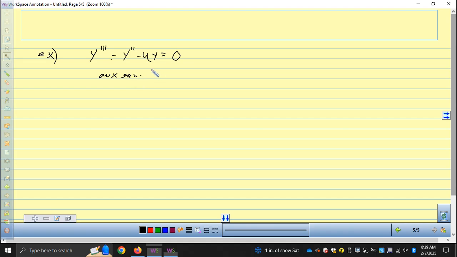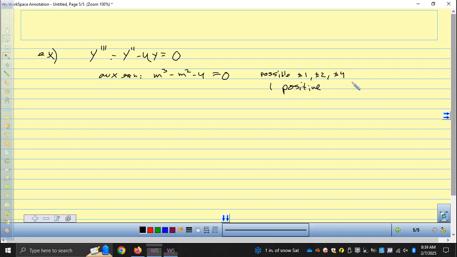Auxiliary equation is m to the third minus m squared minus 4 equals 0. My possible roots are plus or minus 1, plus or minus 2, and plus or minus 4. There is one sign change here, so that tells us there is one positive.